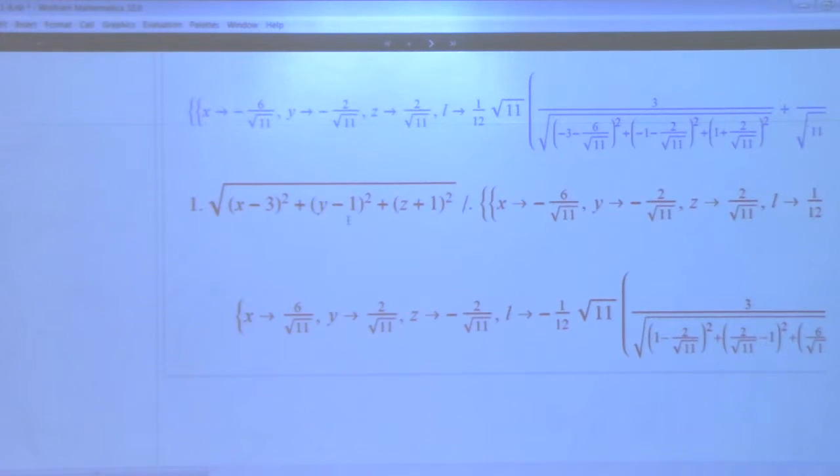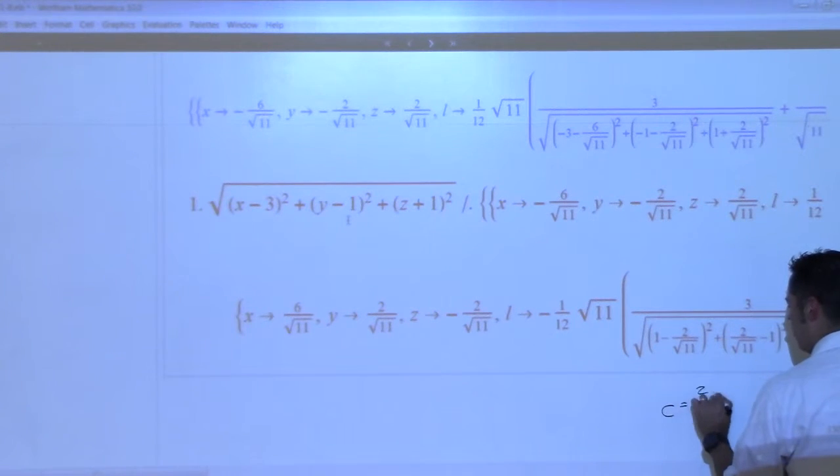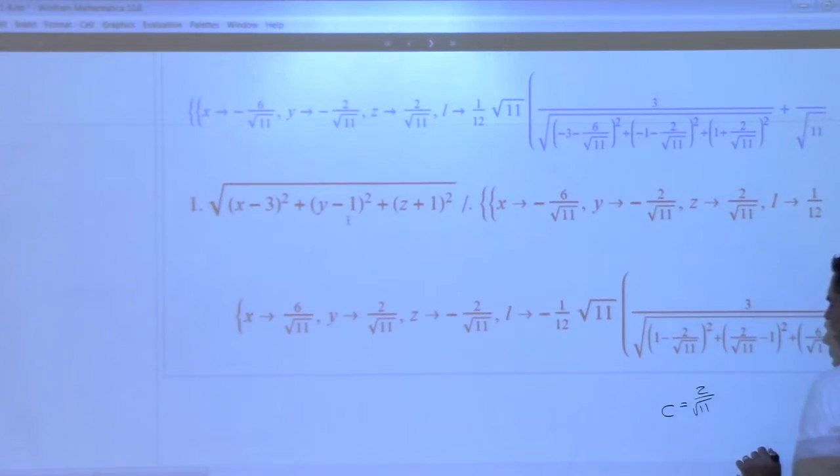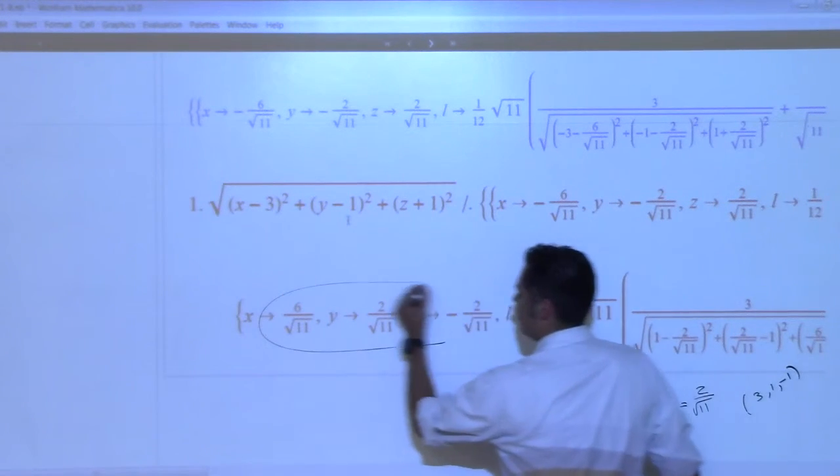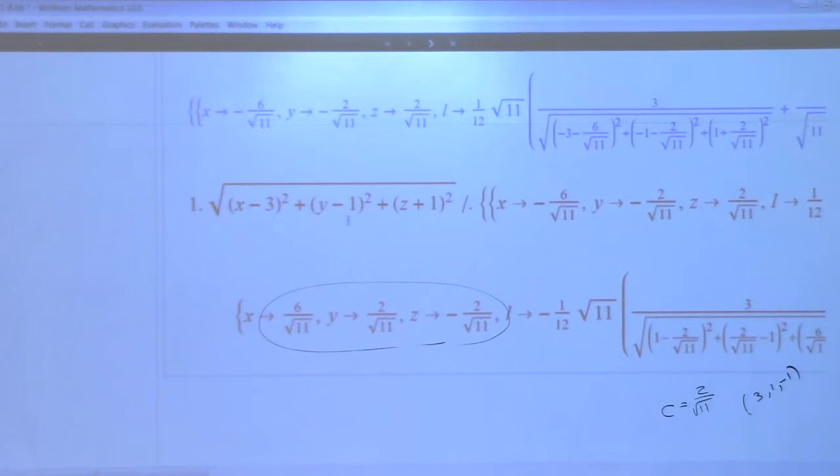Do you remember what the answer was that we got? What was C? Was it 2? It was 2 over root 11, right? And then the point was the point 3, 1, -1, right? So if you multiply this through here, you get 6 over root 11, 2 over root 11, and then -2 over root 11. So you can see the computer found those same solutions.